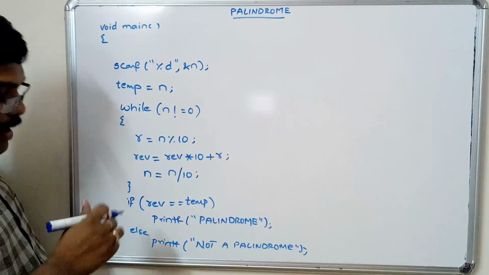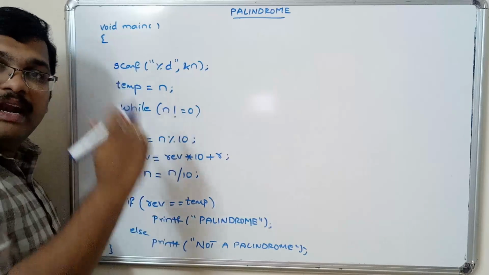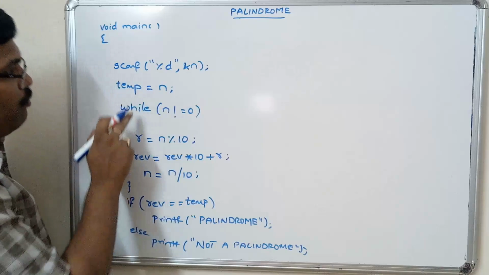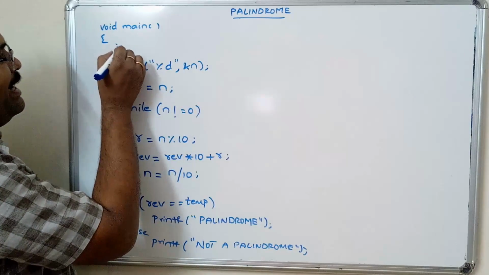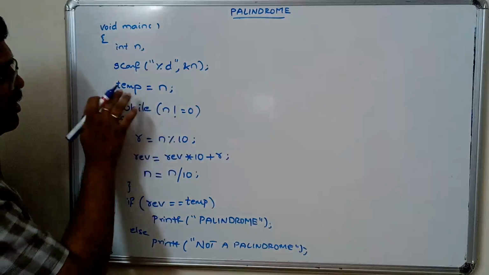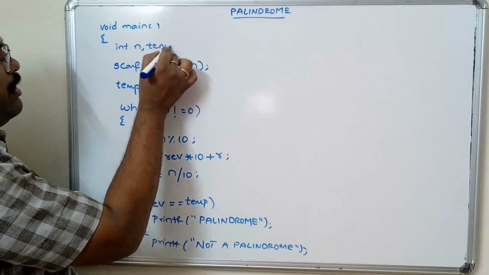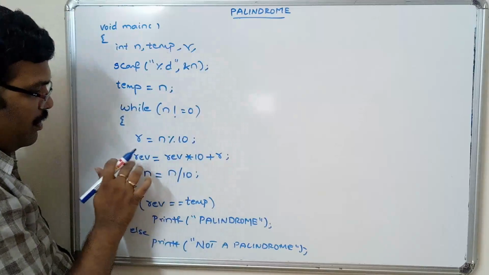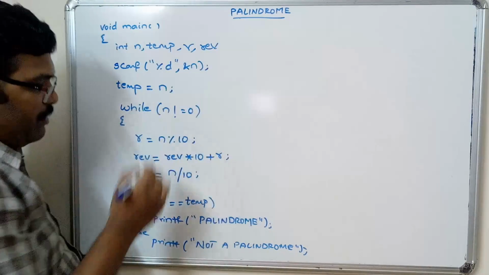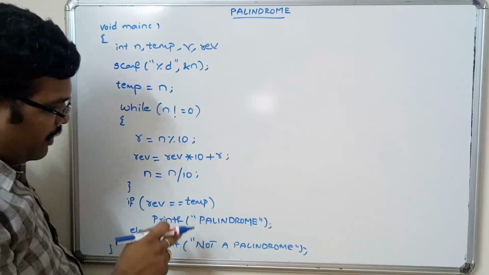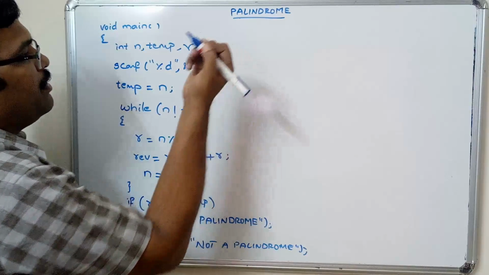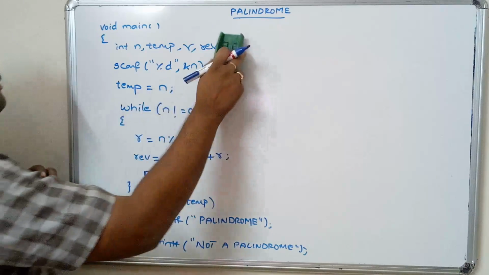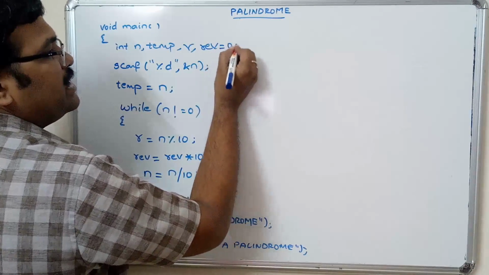So now after completion of this we can write the declarations. What are the variables we have declared? One is n, so int n, comma, temporary variable temp, comma, next r, comma, reverse variable reverse. Any other variable? No. So this is the output variable.